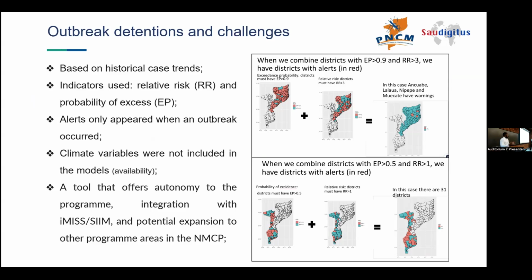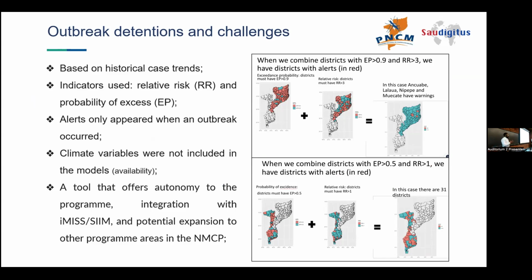They used to take historical data and compare it across a range, the peaks or the seasonality, to identify which months are likely to have more cases of malaria and which ones not so many. They also had some indicators, relative risk and also the exceedance probability.